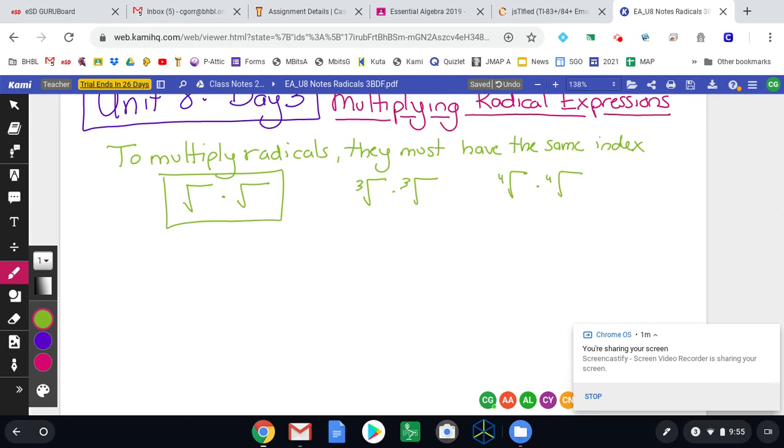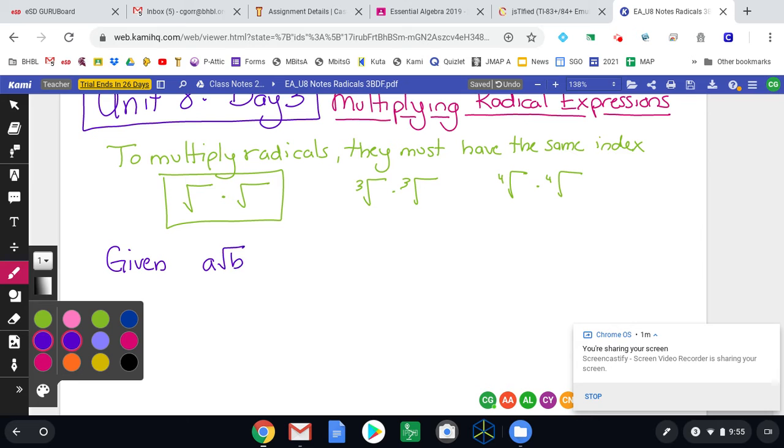So let's say I was given some sort of radical expression where I had something like a radical b times c radical d. The first thing I'm going to do is take the a and the c and multiply the coefficients.